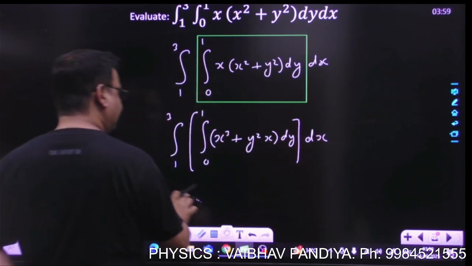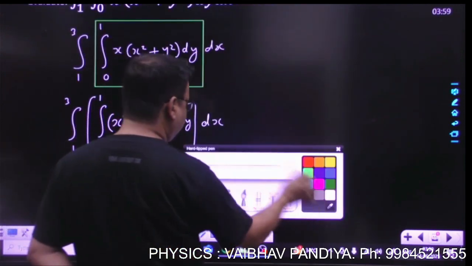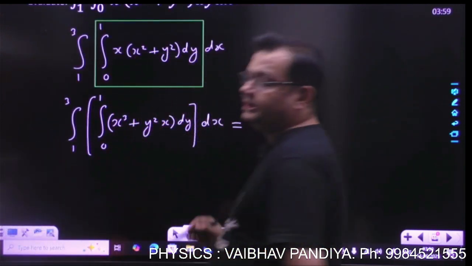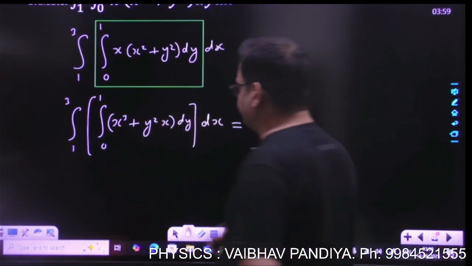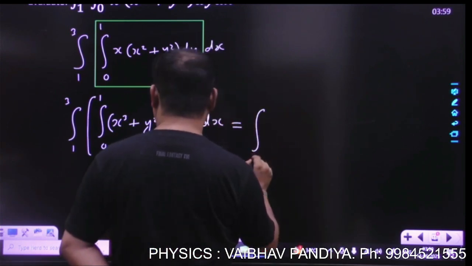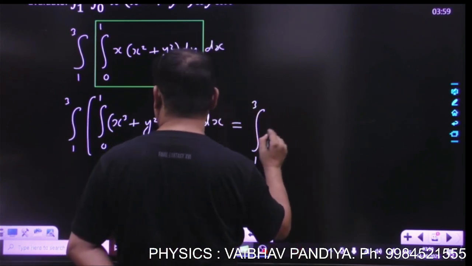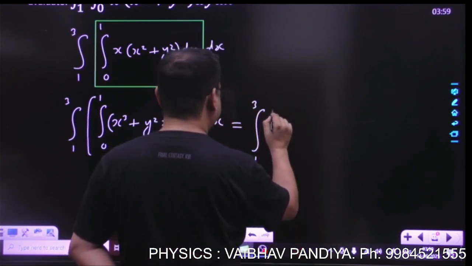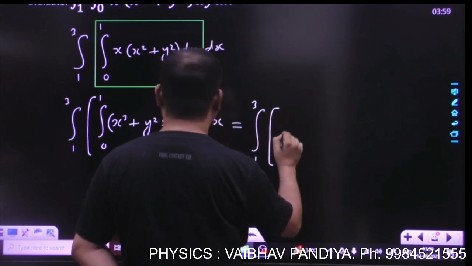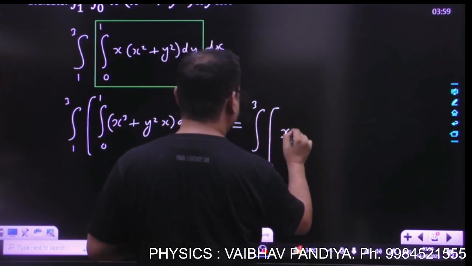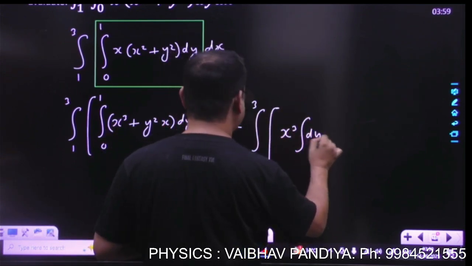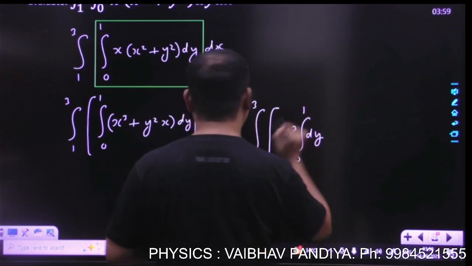Now I will evaluate it partially, treating y as the variable and x as the constant. So what is left is 1 3. Now x is treated as a constant, so in the first term, I will get x cube outside, what is left is dy from 0 to 1.